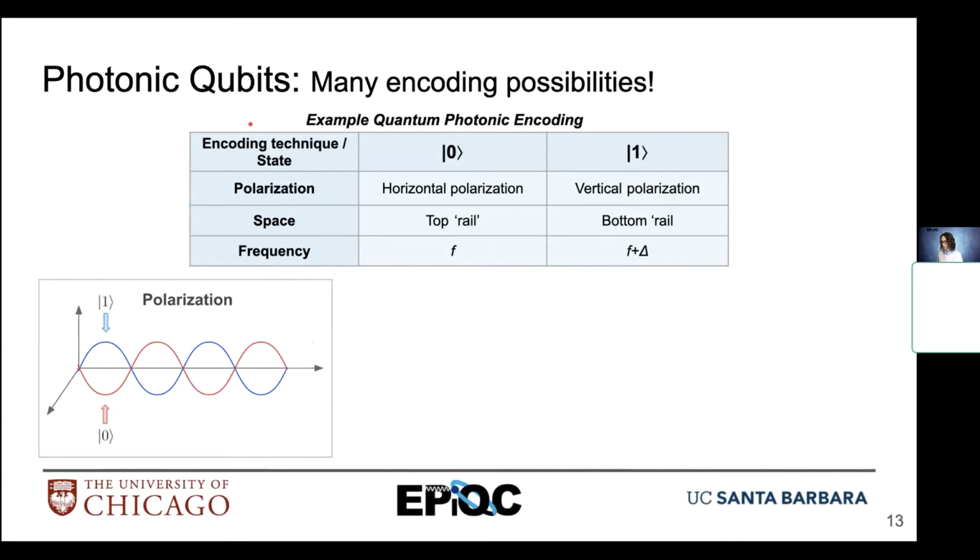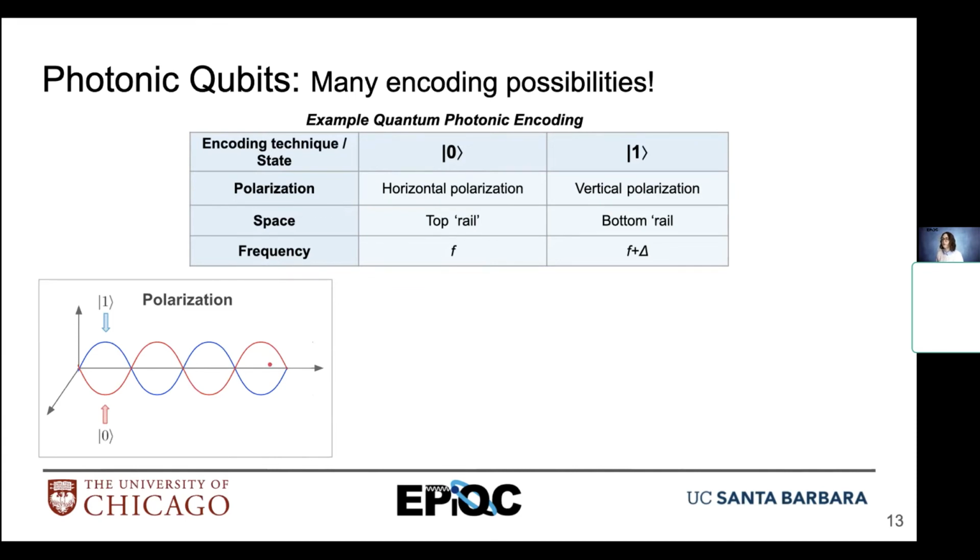Start with polarization. The way that you would encode information typically in the literature would be that horizontal polarization would be your ket 0 and vertical polarization would be your ket 1. If we look at this cartoon here, we would have a vertically polarized light that would be encoding a ket 1, and horizontally polarized light would be encoding ket 0. So how does that work exactly?